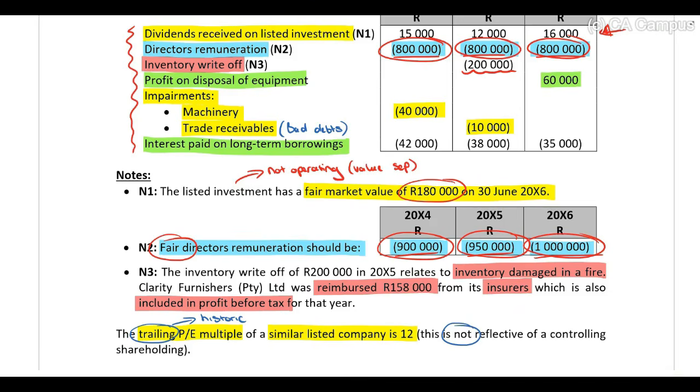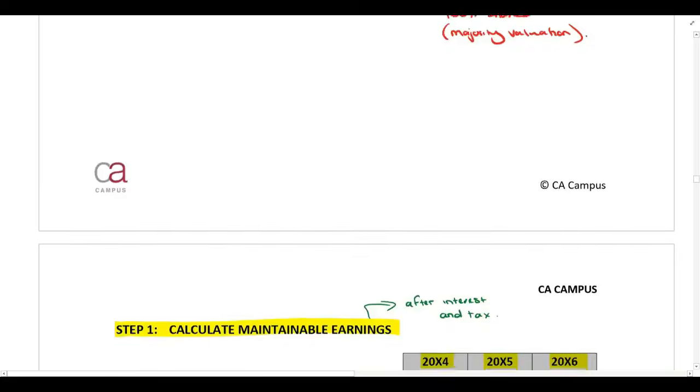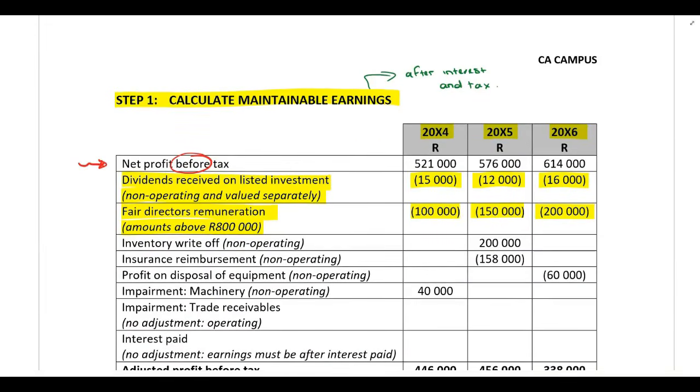But at the same time, please note, the company was reimbursed 158,000 Rand from their insurers, and this is also included in profit before tax. So we need to also exclude that from profit before tax. So the inventory write-off gets added back, and the insurance reimbursement is deducted.